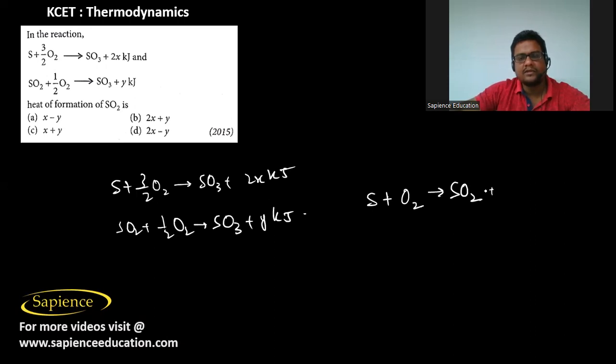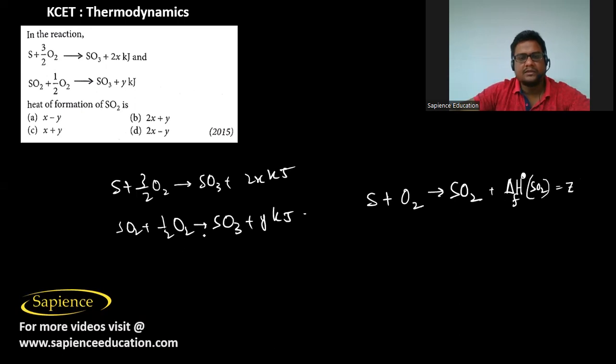So we will have the heat of formation, delta H, of SO2, which has to be found. Let's say that is equal to Z.